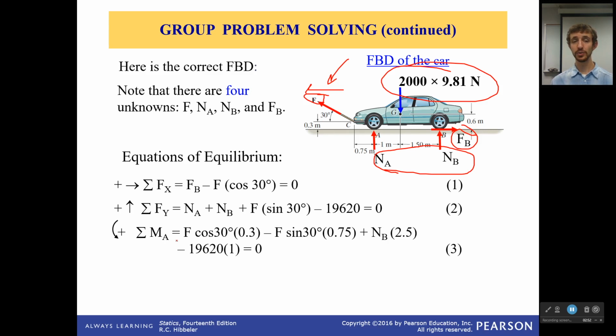We actually have 2 components from our force, because if you look at this, both components will cause a moment around A because there is both an x and a y distance to where that F is applied. We also have the normal force at B, which causes a rotation. And we have our weight, which also causes a rotation. And finally, that last equation.